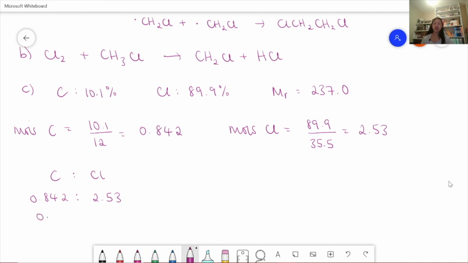So we do 0.842 divided by 0.842, and 2.53 divided by 0.842. And this gives us a ratio of 1 to 3. And so we get an empirical formula of CCl3.